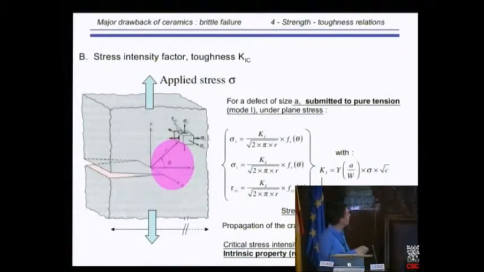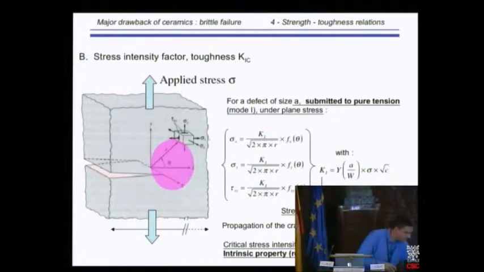What we say is that for an applied external stress, which is sigma, around a defect, so imagine there is a crack here, a pre-existing flaw, there are very large stresses around this flaw. The stress field can be calculated, and what we see from elastic calculation is that the tensile stresses, and also the shear stresses, are very large in the vicinity of a crack.